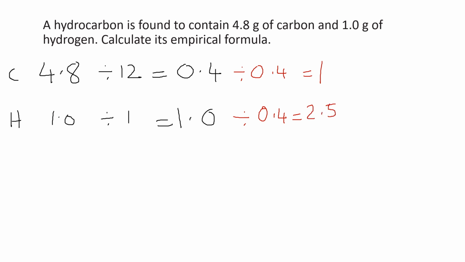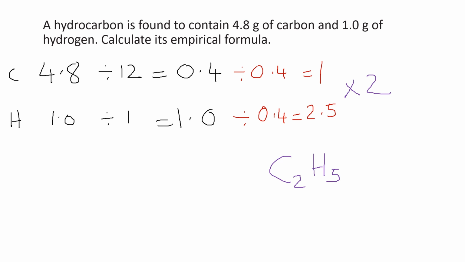So the ratio is 1 to 2.5, but you can't have that as your answer because you can't have a decimal in the empirical formula. So what we then do is times both of these by 2. So that gives us C2H5 as the answer. That is the empirical formula.